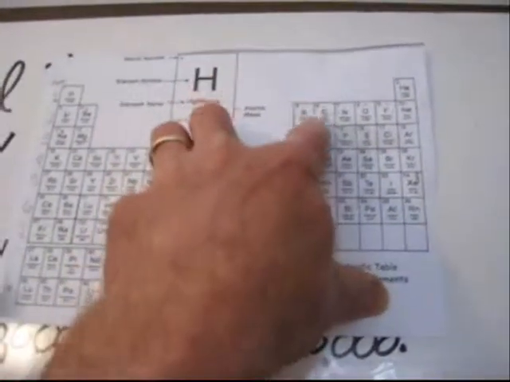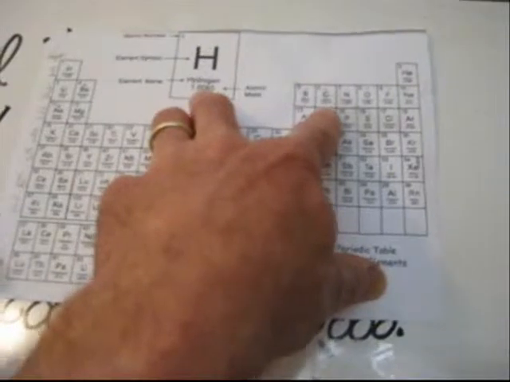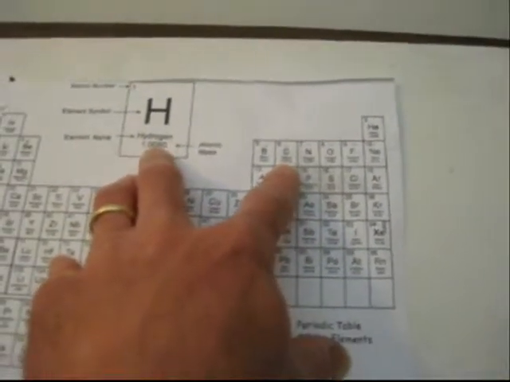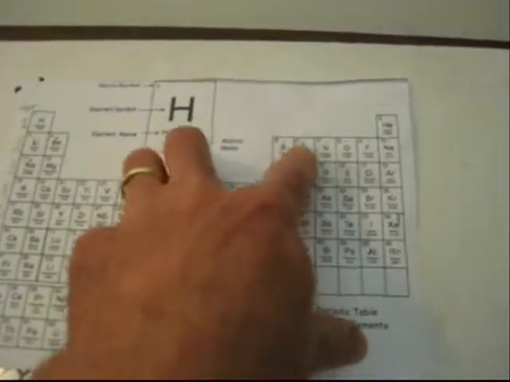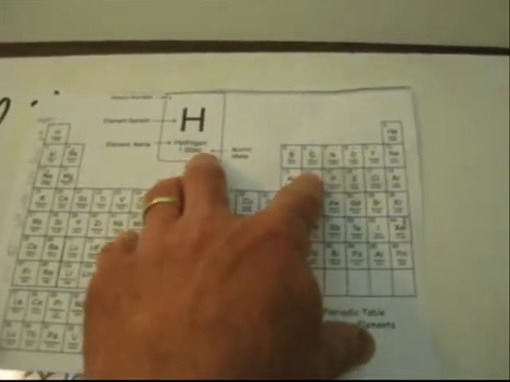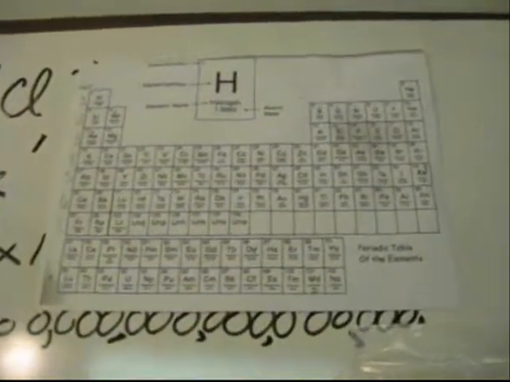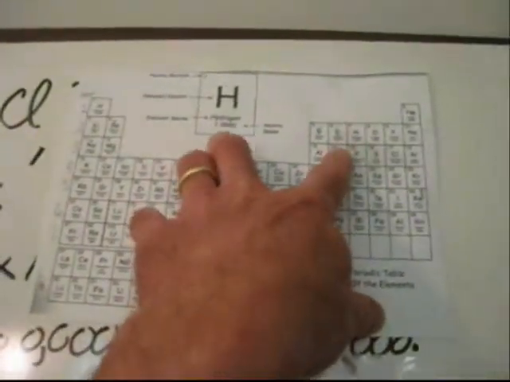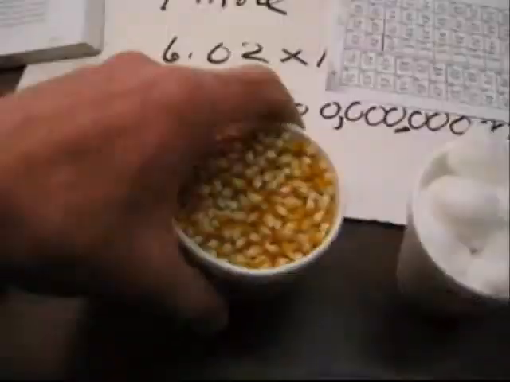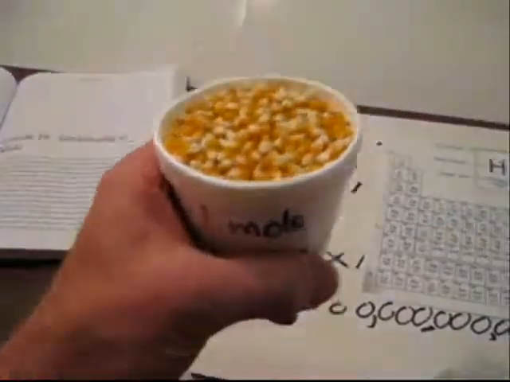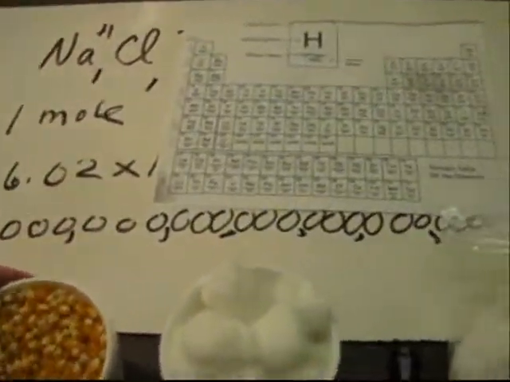So in the case of carbon here, which has atomic mass number of 12.0115, and we can round those to whole numbers if you like, the atomic mass of carbon is 12. So in order to have 1 mole of carbon, you would need 12 grams of carbon. Okay, so if we had a cup that contained 1 mole of carbon, it would weigh 12 grams.